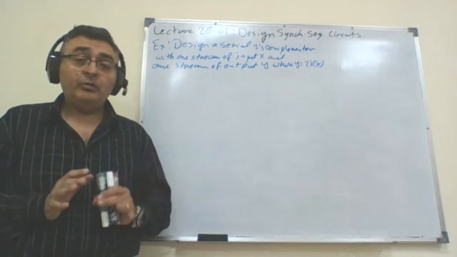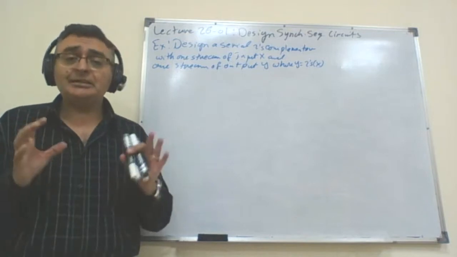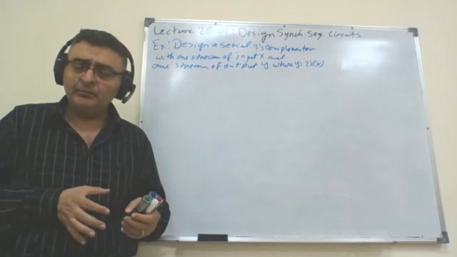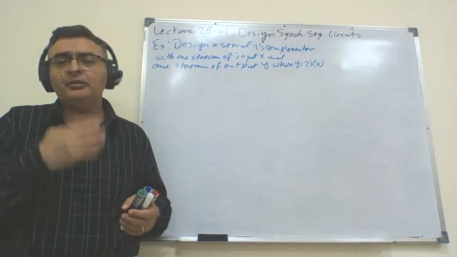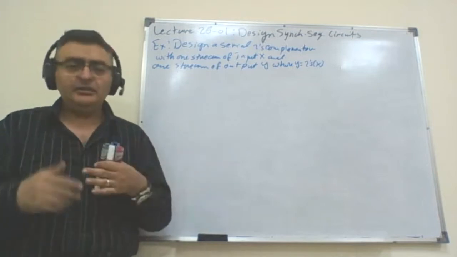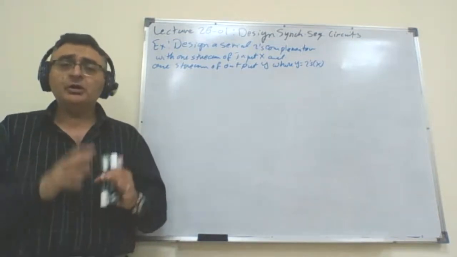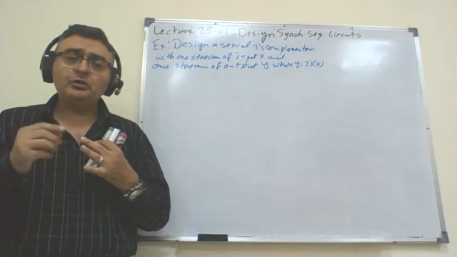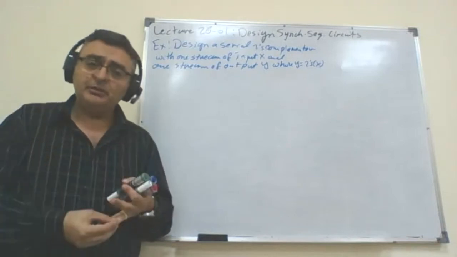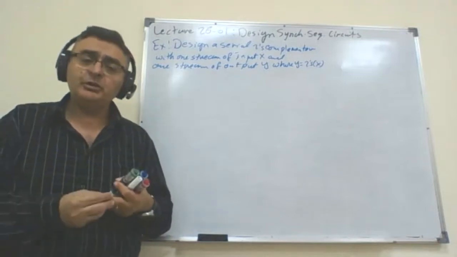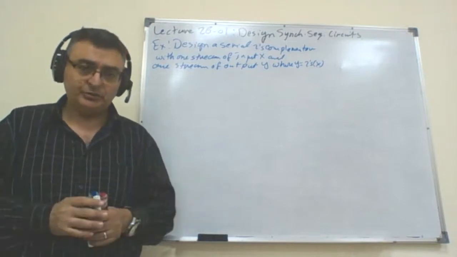Okay? Now, once you successfully build the state diagram, the steps coming after that are a piece of cake. It's easy, because once you have the state diagram, you can convert it into a state table, from the state table to state equations, and then draw the circuits.